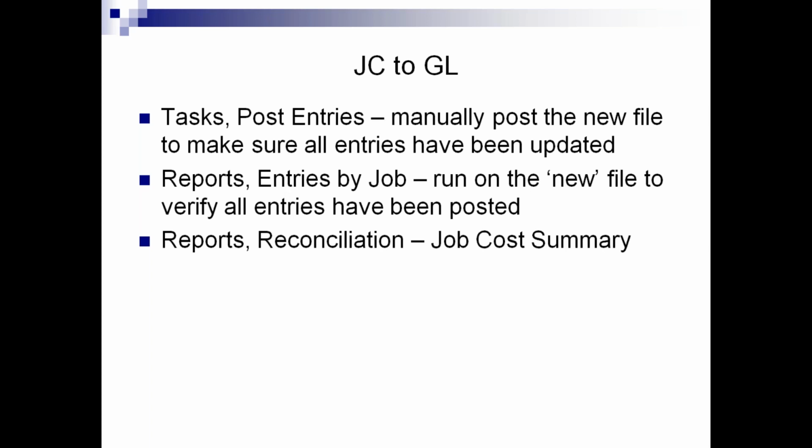You can run entries by job on the new file to make sure everything has been posted. And then we're going to run the job cost summary report inside job cost to make sure that it balances.